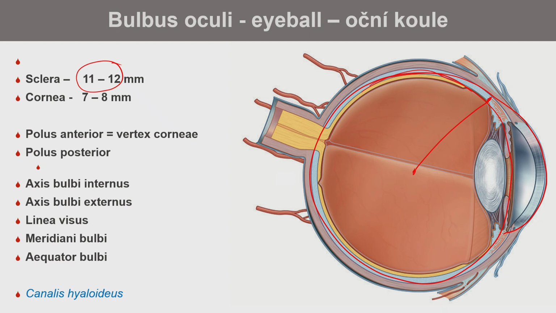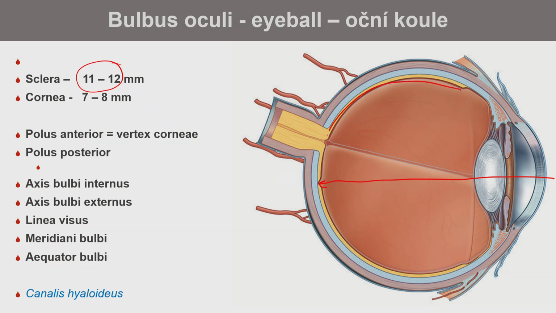So then we have some optic media, through them the light is going to fall to the photosensitive layer. The photosensitive layer is localized inside the eyeball.